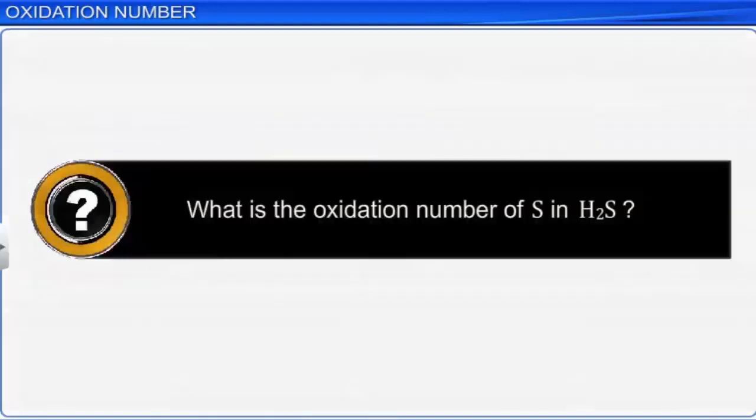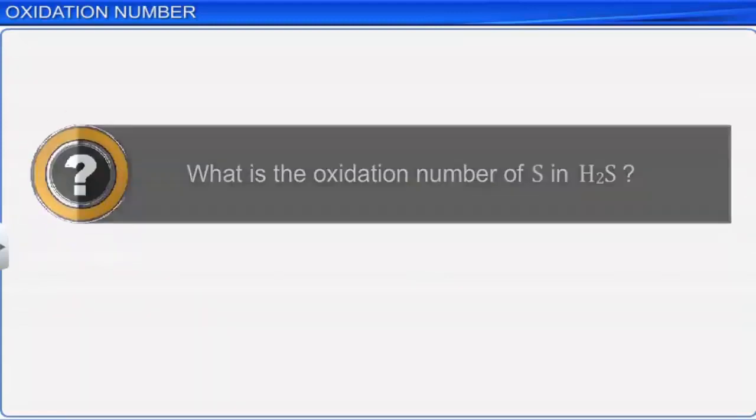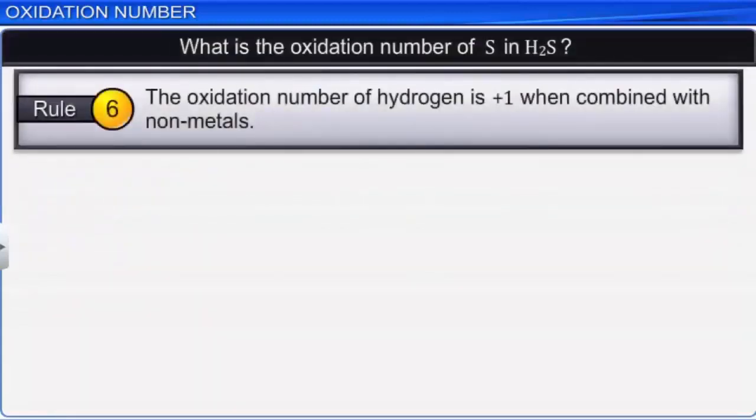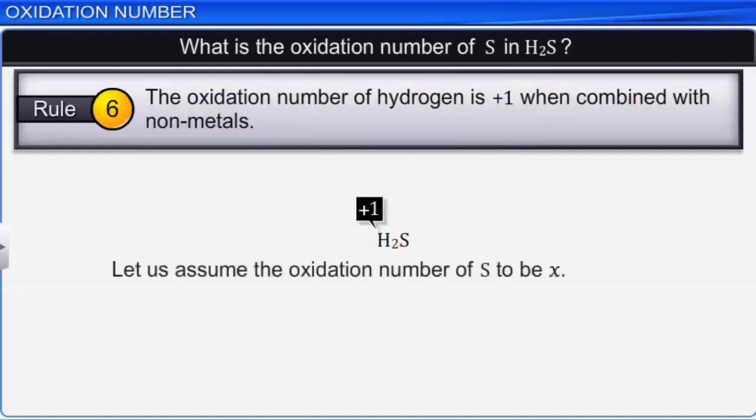Now, let's apply what we have learnt and determine the oxidation number of sulfur in hydrogen sulfide. According to Rule 6, the oxidation number of hydrogen is +1 when combined with nonmetals, in this case, sulfur. Let us assume the oxidation number of sulfur to be x. We will write the oxidation numbers of the atoms above the chemical symbols.